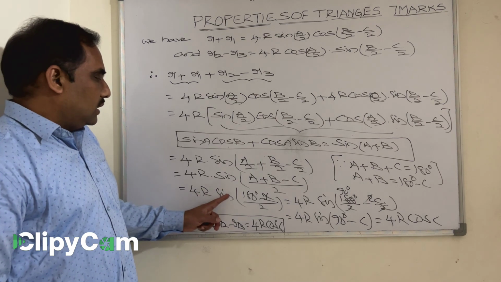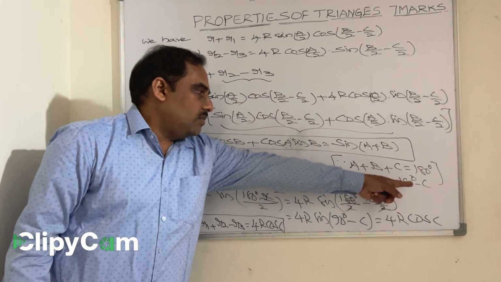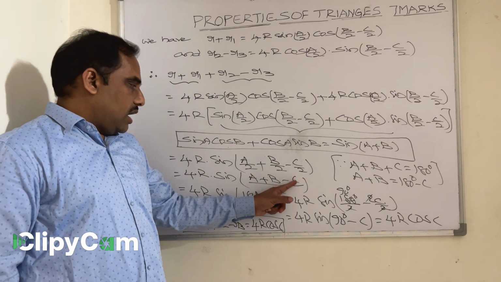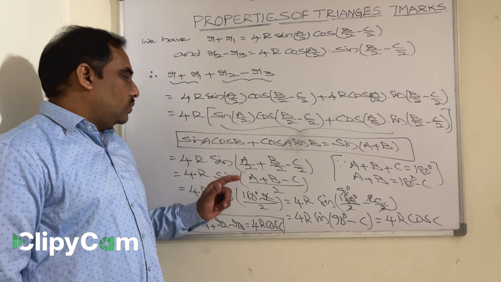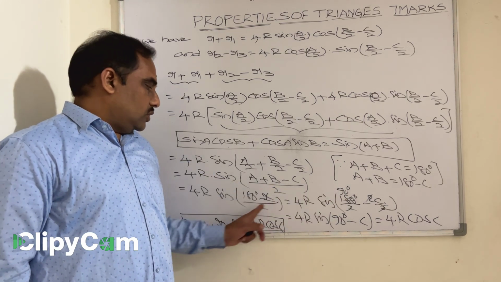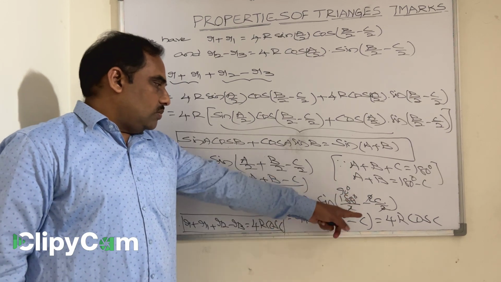Here 4R sin of A plus B is nothing but 180 minus C, that is (180 minus 2C) by 2. Now here 4R sin, split the denominator, 180 by 2 minus 2C by 2.